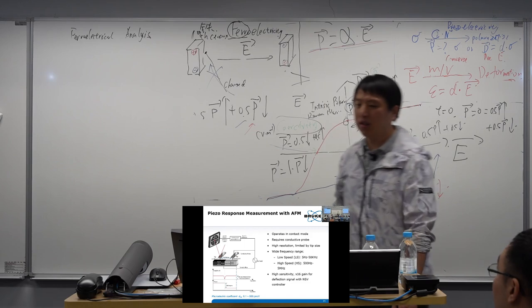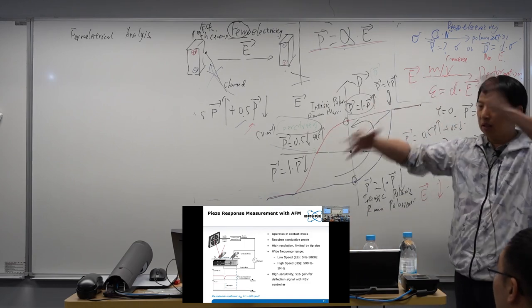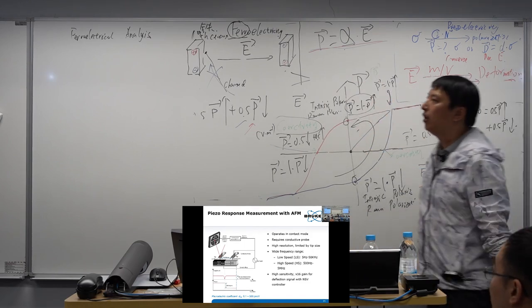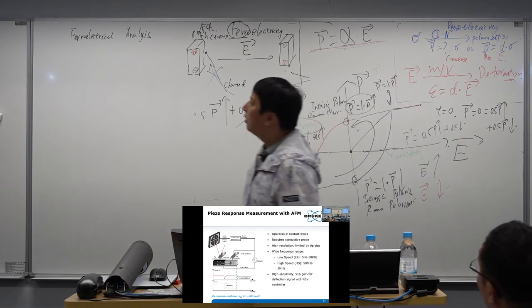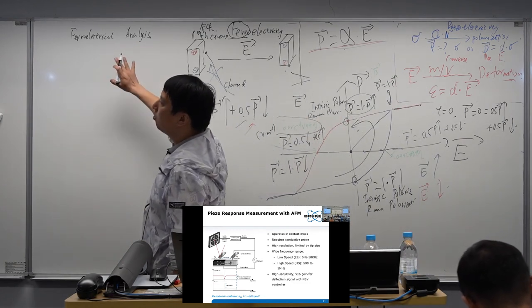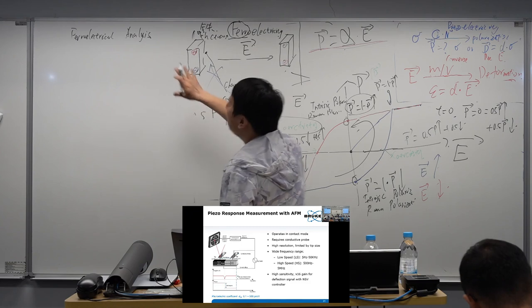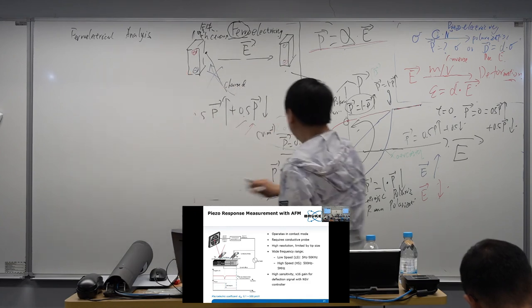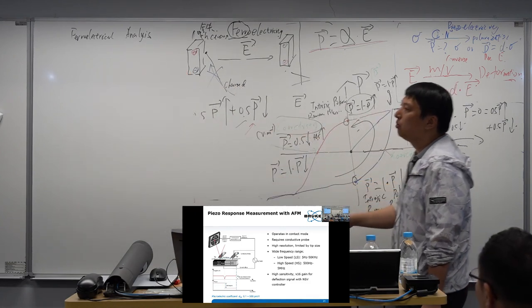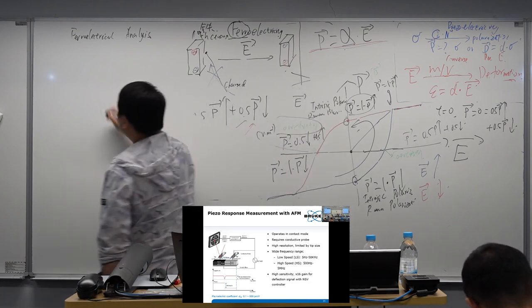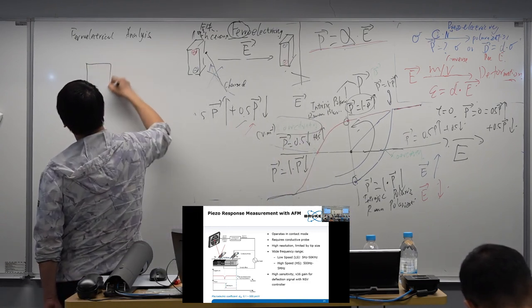In Chinese, we just call it 铁电分析仪. It's a macro-scale measurement. The idea of the ferroelectric measurement is that we want to get the hysteresis loops.